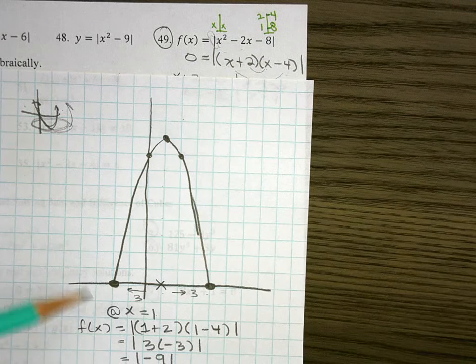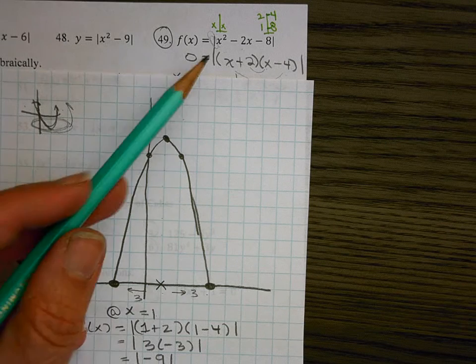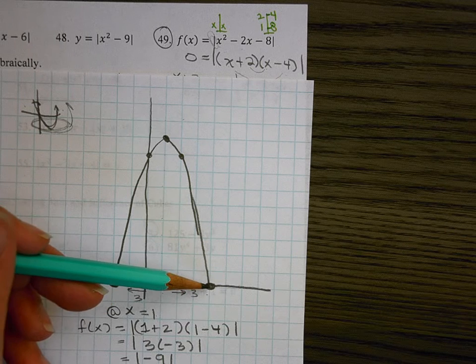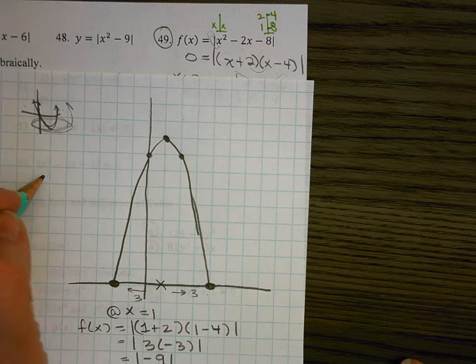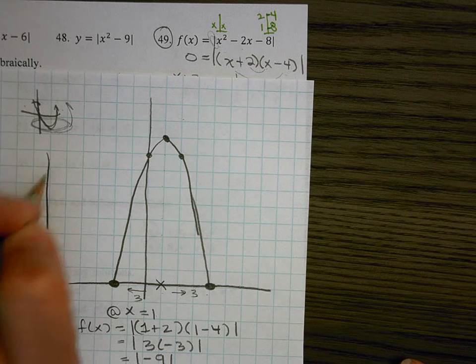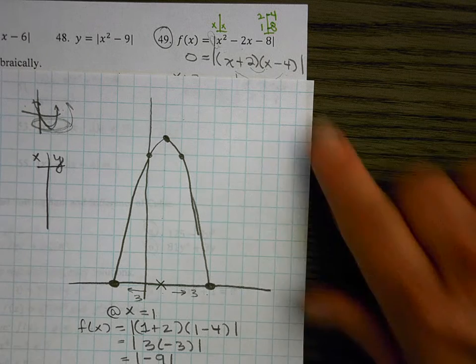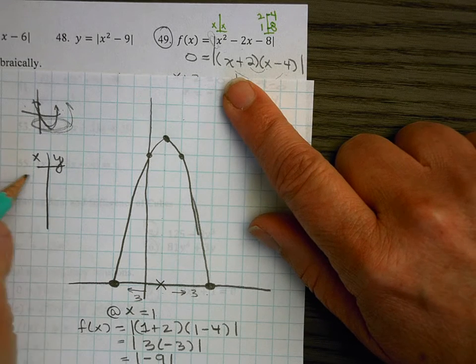A couple ways I could make sure I am accurate is to evaluate the same equation at one point to the left and one point to the right of my x-intercepts. I'm going to do a little t-table here. This x was at negative 2, so I would evaluate at negative 3.